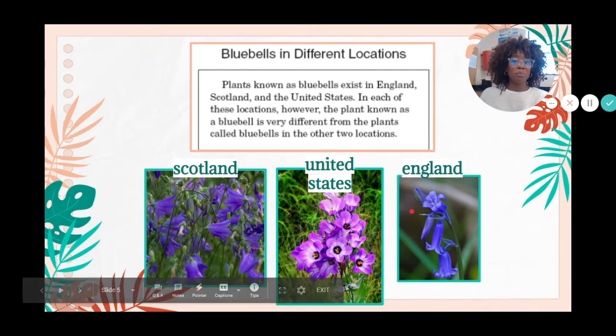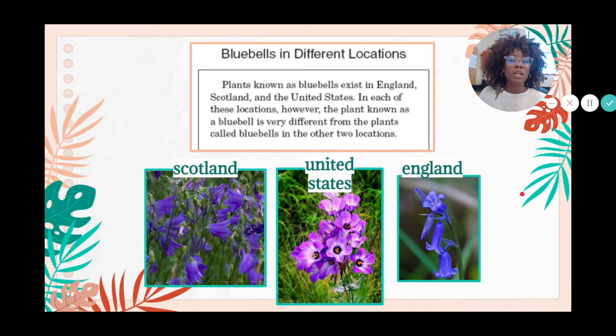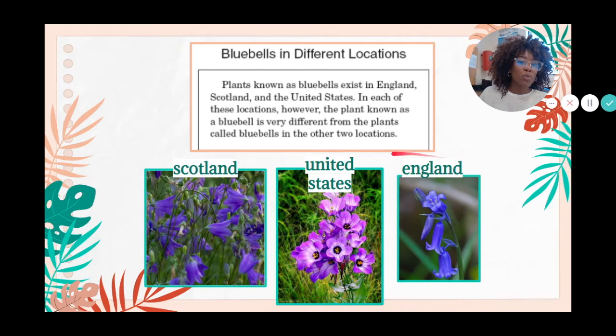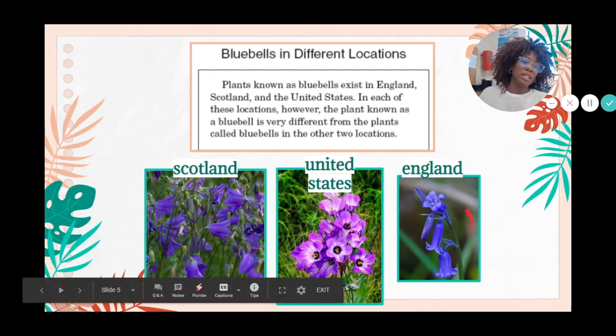Even though all of these places speak English, even within the same language, the common names can be reused and recycled, which is why taxonomy is so important, because it gives a specific two-part scientific name that is unique to this organism and this organism only. A different scientific name is unique to this organism and only this species.